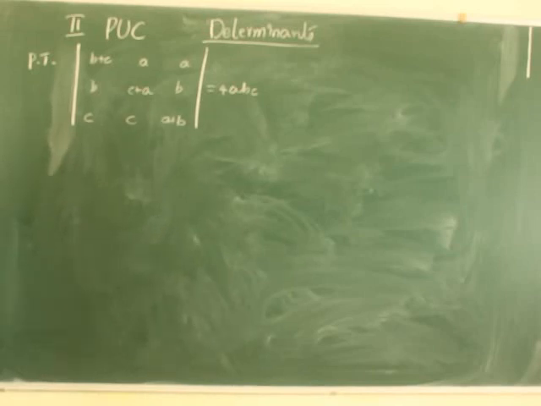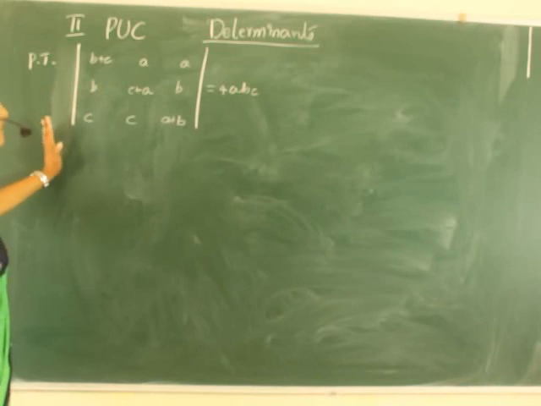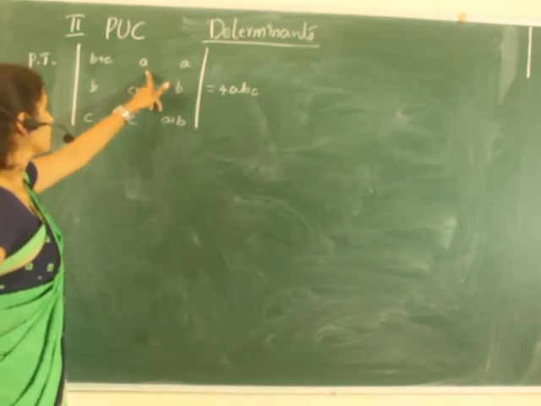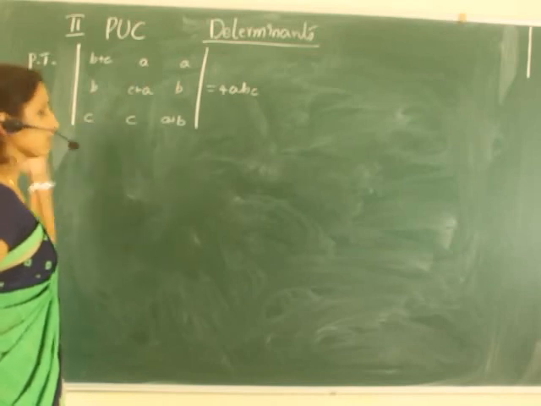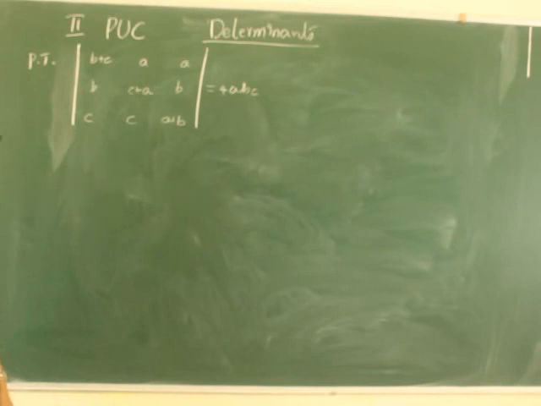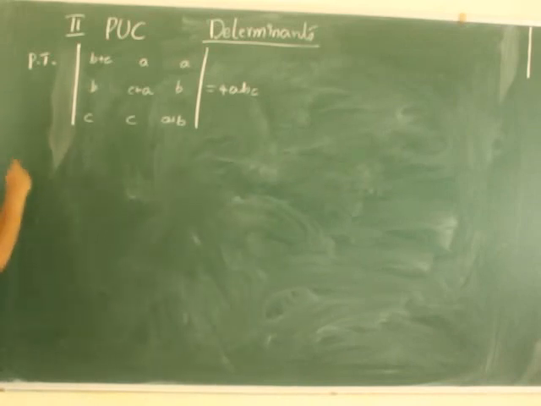I'll change r1. Here it is difficult to make 0. I can make 0 anywhere, either I can subtract and make 0, or I can subtract here and make 0. If I get 0, then it will be easy to find out. So instead of that, I'll do some other operation also. I'll change r1.